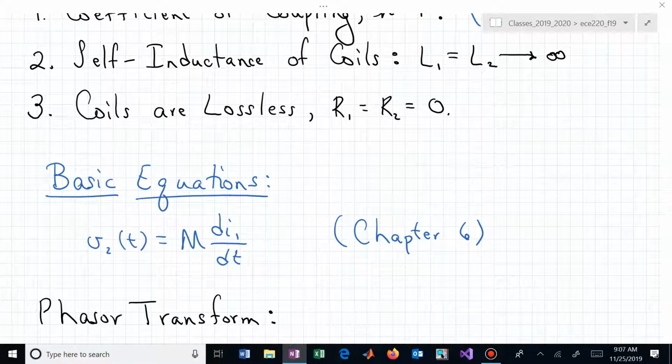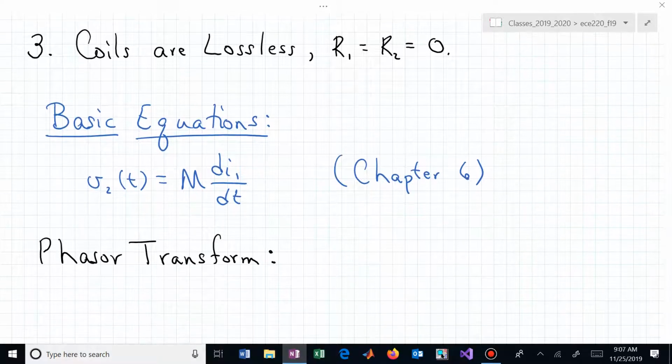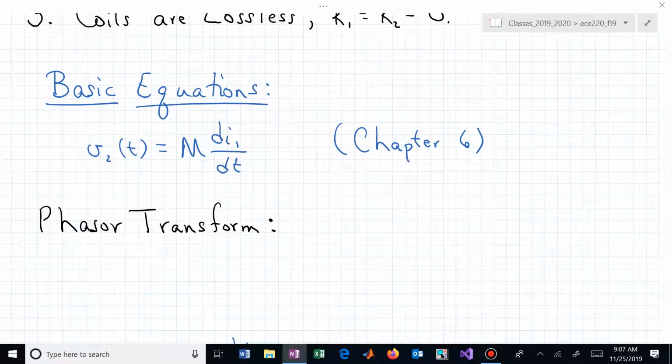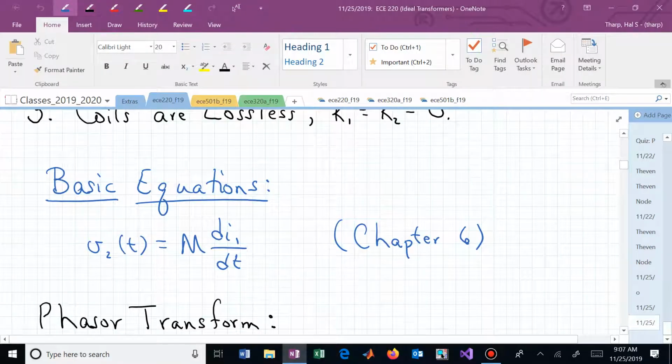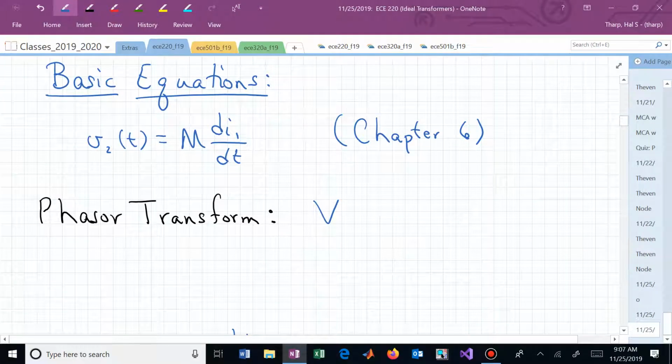The time rate of change of the current in the first coil is mutually coupled to induce a voltage in the second coil. What if we take that into the frequency domain or perform our phasor transform on that particular equation? What do we obtain? What is V2 phasor equal to?